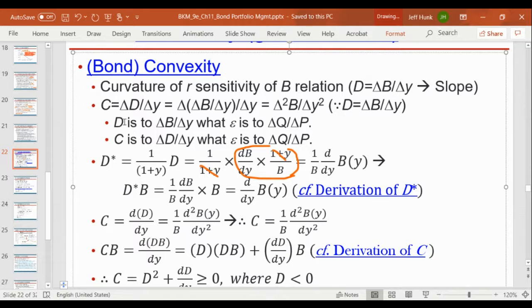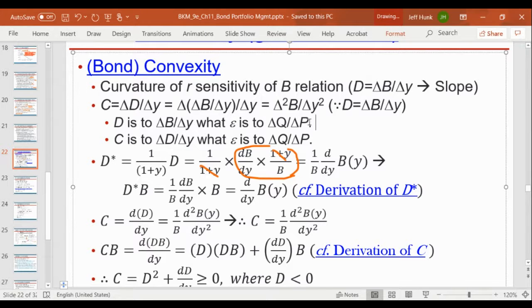If duration is to the bond price and interest rate relation what elasticity is to change in quantity demanded with respect to change in price, right?